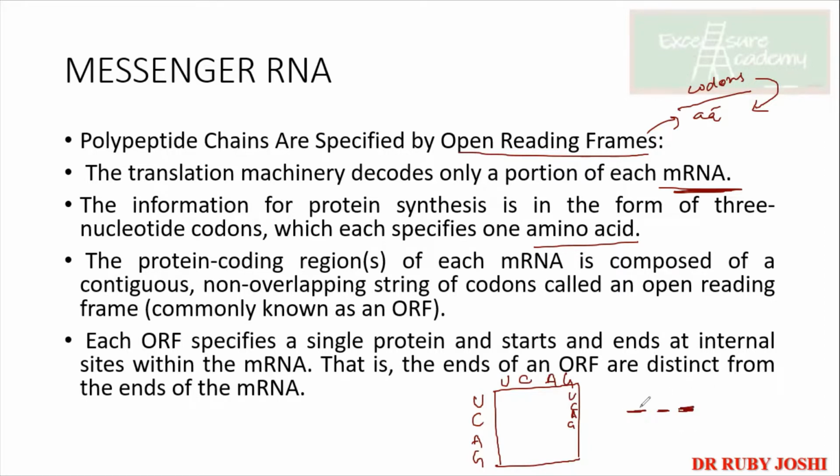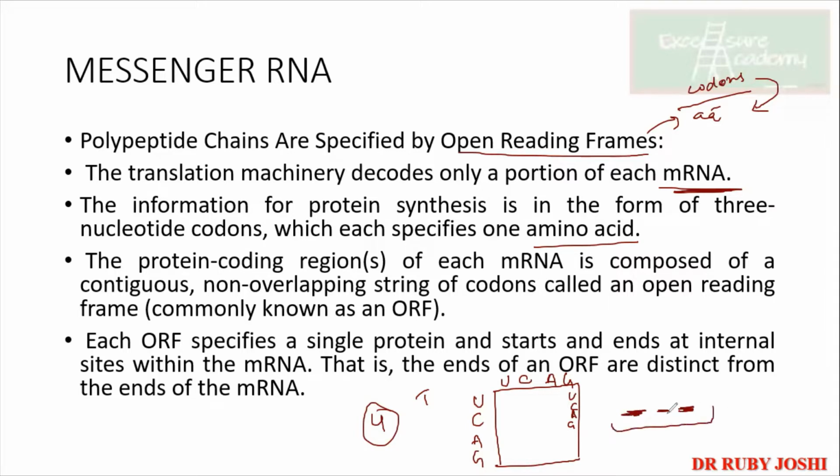So what are the chances, the probability, that each nucleotide can come over here? If I take U C A G, instead of T I am taking U, so we have 4 nucleotides. So what is the combination here, how many nucleotides can come in the first position?